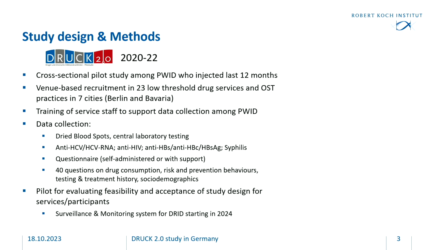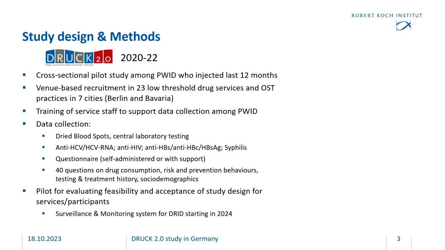We collected dried blood spots and tested them in a central lab for hepatitis C, hepatitis B, 3 serological markers, HIV and syphilis. And we had a self-administered questionnaire that could also be supported by the service staff with 40 questions on risk and preventive behaviors, testing, treatment history, and so on.